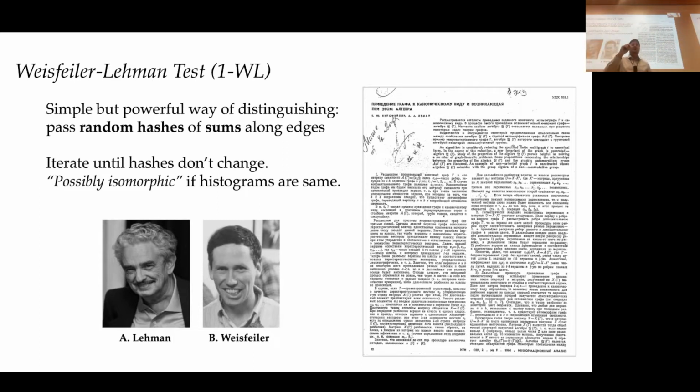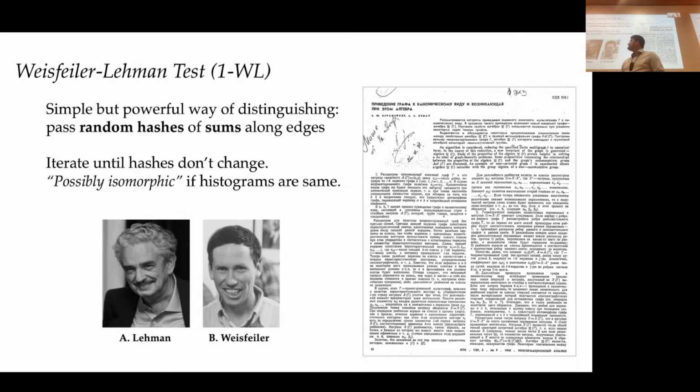You just compute random hashes in every node, you pass them along the edges, and you sum them up. And you iterate until these hashes stop changing. Whenever you stop, you take the hashes of the two graphs you're looking at, and if their hash histograms are the same, you say they're possibly isomorphic. Otherwise, you stop and say they're not isomorphic.